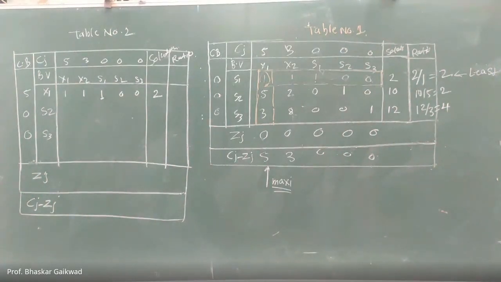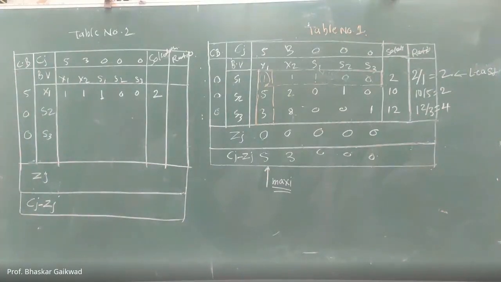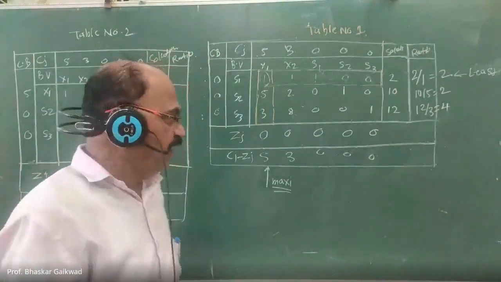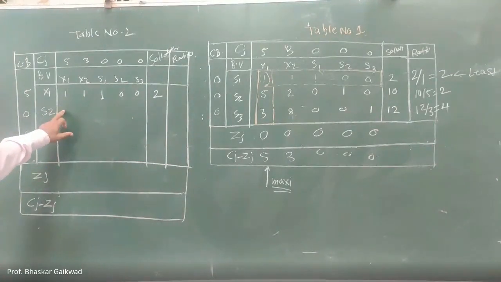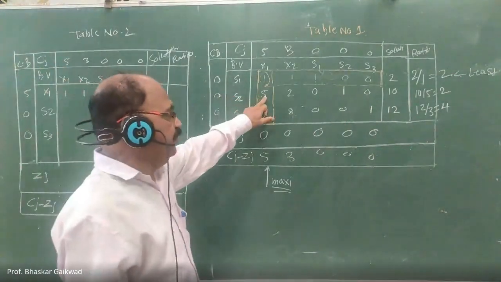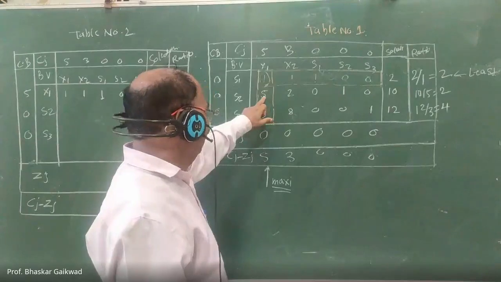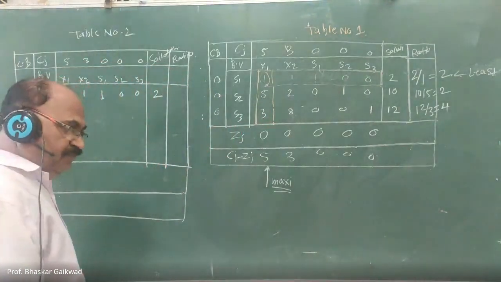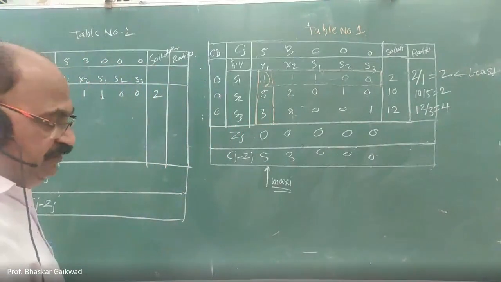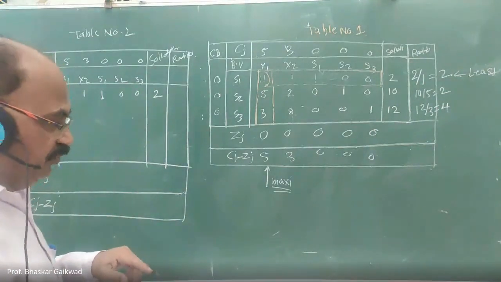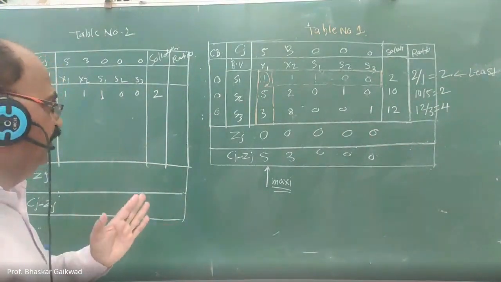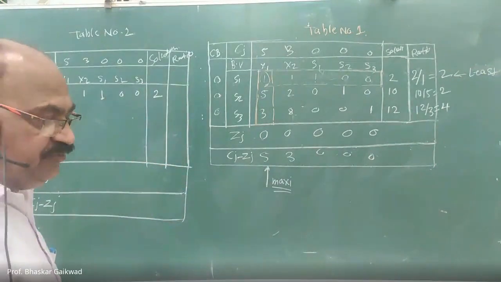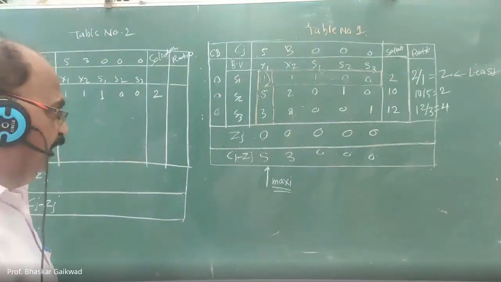Now you tell me what is the next step. Original value minus. Now here I want the original value here. How much? 5. Correct? 5 minus corresponding row value, which is 5, and corresponding column value is 1.